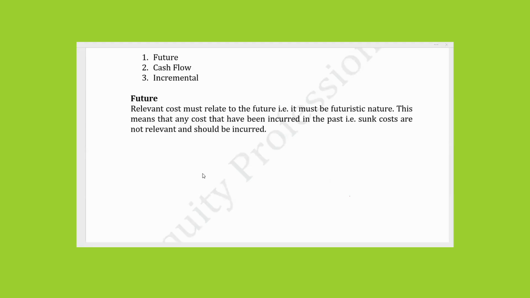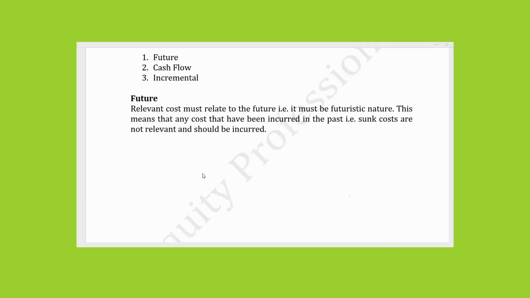So at all times, your relevant cost must be futuristic in nature. In a question, the examiner will always give you historical cost or sunk cost or past cost. When you see such a cost, you should know that it is not relevant, because on the day of the exam, your examiner will just paint a scenario for you. You have the responsibility to identify which among the costs given to you are relevant and which are not.